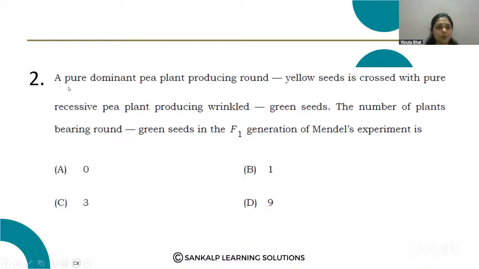Next one, a pure dominant pea plant producing round yellow seeds is crossed with a pure recessive pea plant producing wrinkled green seeds.